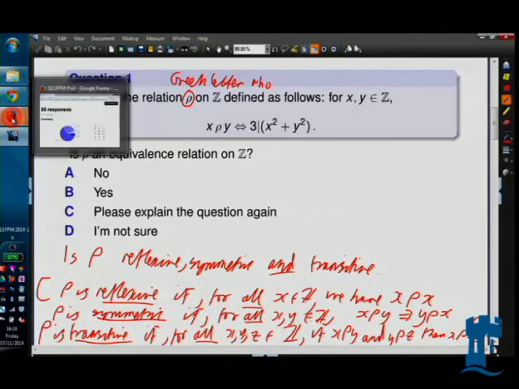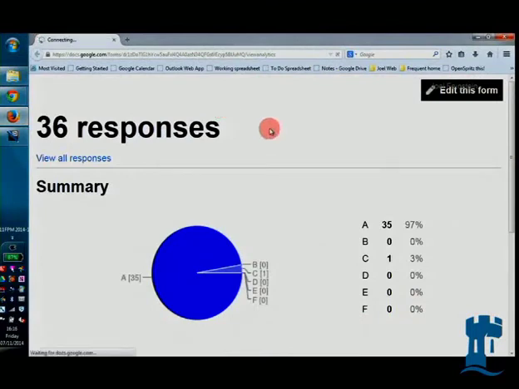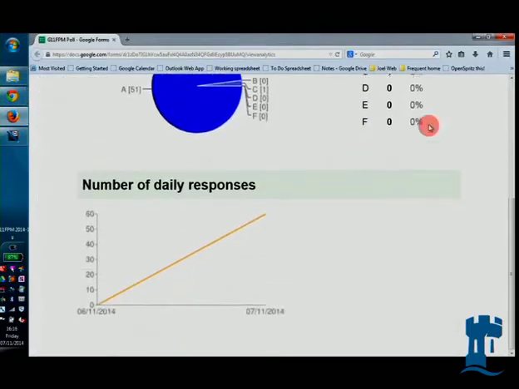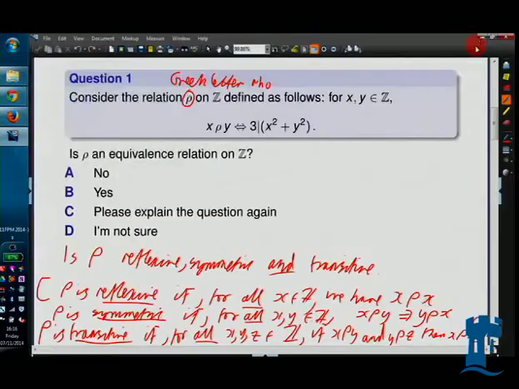Okay, let's see what you've got. 36 answers, 42 answers, okay. Most people agree that it is not an equivalence relation. Okay, that's correct. Before I forget, I'm going to zero the votes on that. Okay, so the correct answer is it's not an equivalence relation.